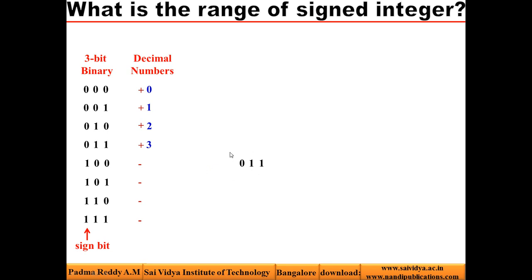If this is 1's complement, to get 2's complement, we should add 1. Let us add 1. So 0, 1, 1 plus 1 is 1, 0, 0. So this is the original number. Now tell me, what is this number here? 4. So I write 4 here.